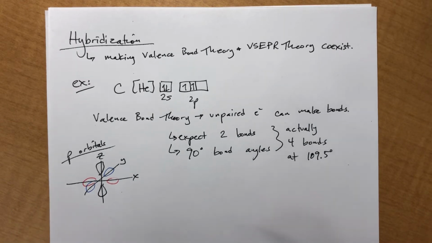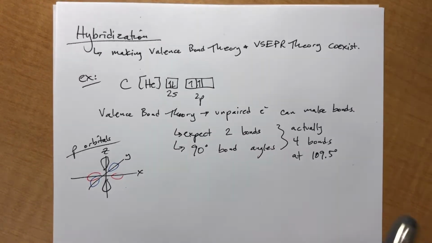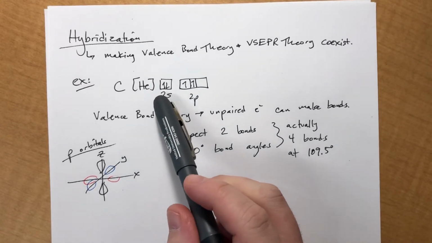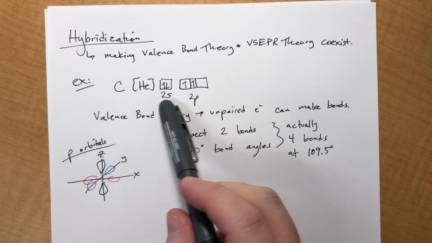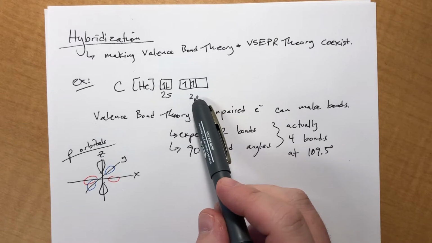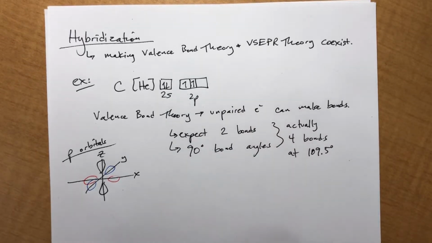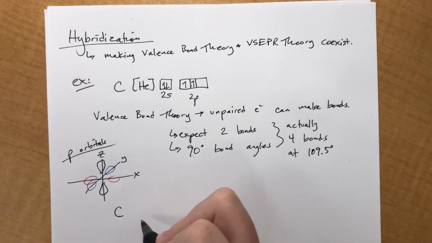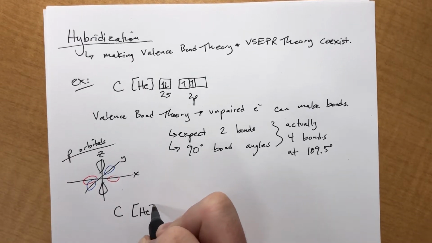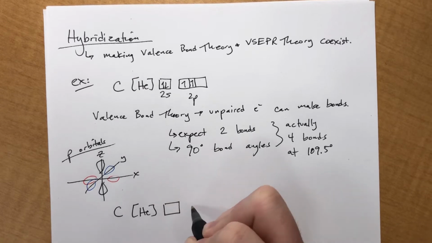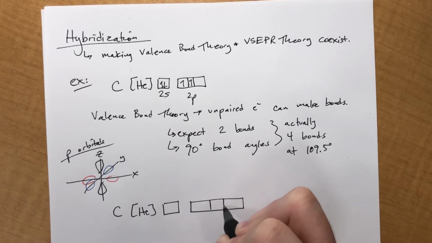So one thing we can do is we need to understand that, yes, this is the default answer for the orbital diagram for carbon, but in theory, these electrons can be moved around. So one of the first things we're going to do is we can take this and move the electrons around to get them more evenly distributed.